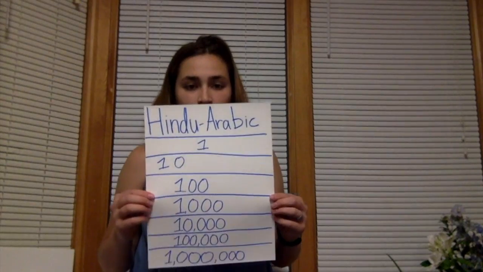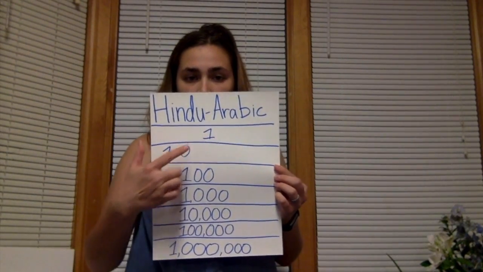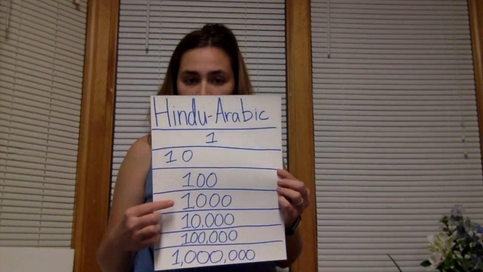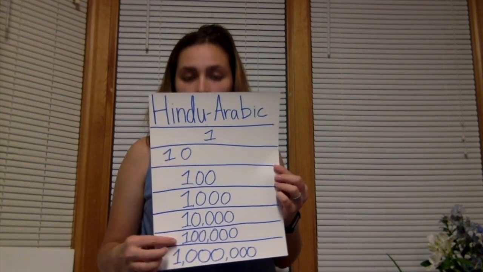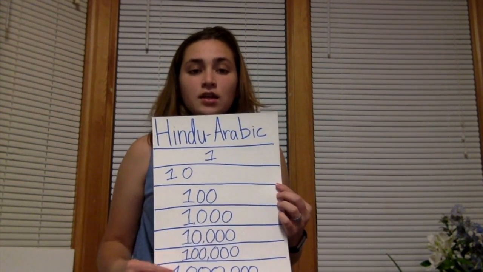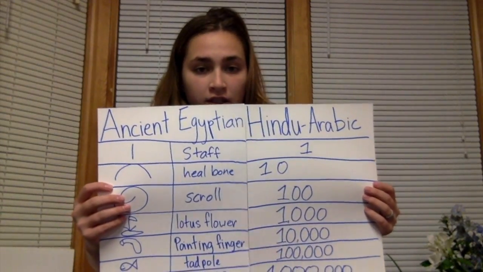As I said before, the one that we use in the United States is the Hindu-Arabic numeral system. So, for example, it's 1, 2, 3. So, here is our representation of the Hindu-Arabic system. 1, 10, 100, 1,000, 10,000, 100,000, and a million. This is what it is compared to in ancient Egypt.